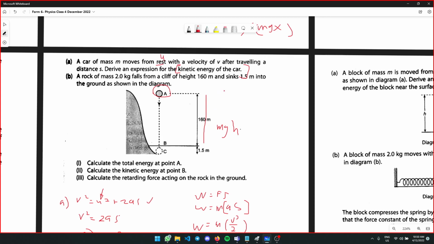No, it does not. Kinetic energy is 0 at the start. But does it have potential energy? Yes. How do we calculate potential energy? We calculate potential energy by mgh. So at A, no kinetic energy, but it has potential energy.